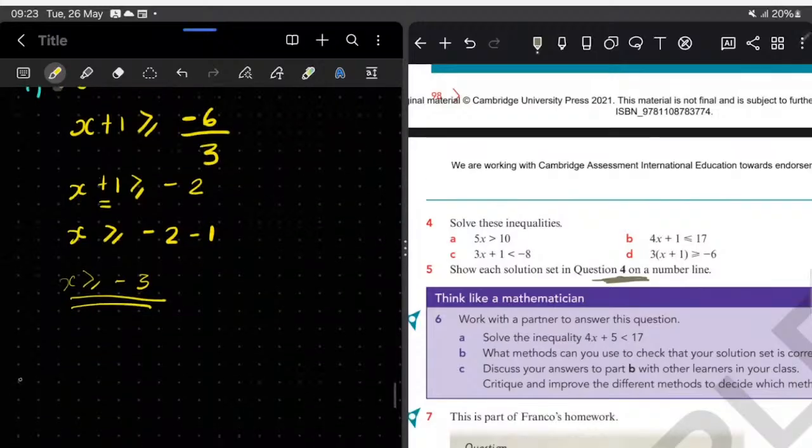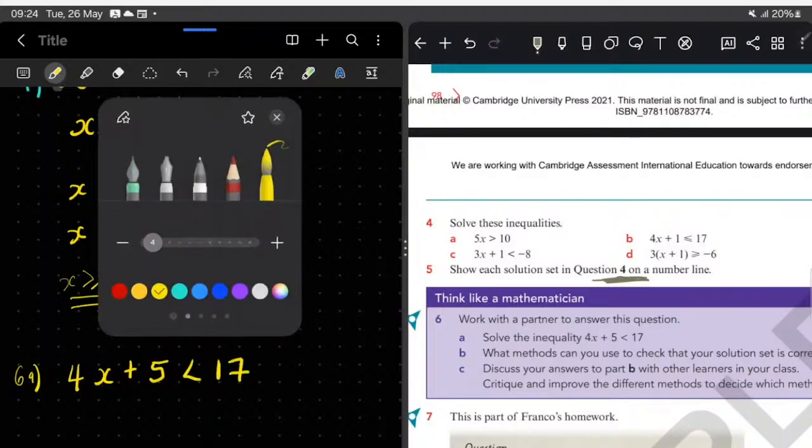Okay? Number 6a. Before we do number 5, I want to see if you have seen how to solve this. 4x plus 5 is less than 17. Do it the way I was doing it. You know what solving means, right? Yes, you know what to solve means. So can you solve, boys, and tell me what answer you get here?